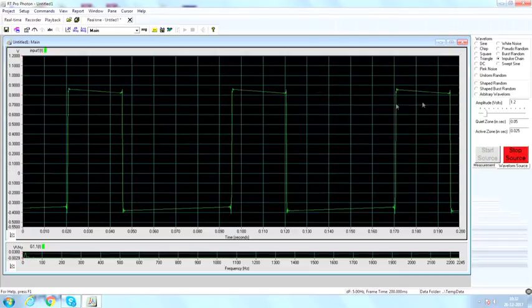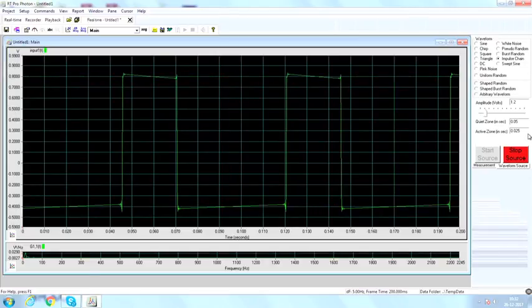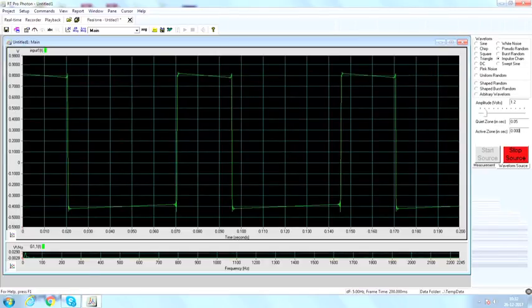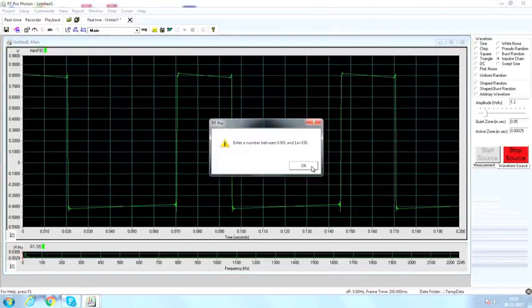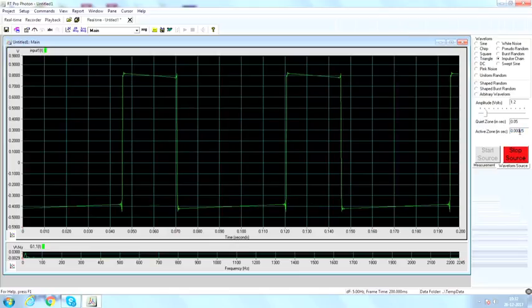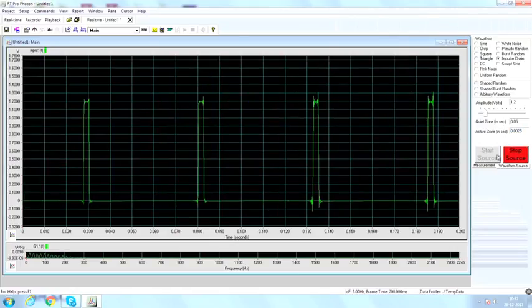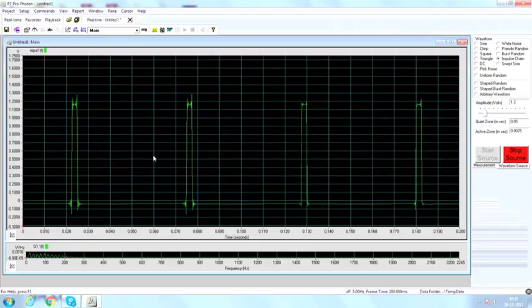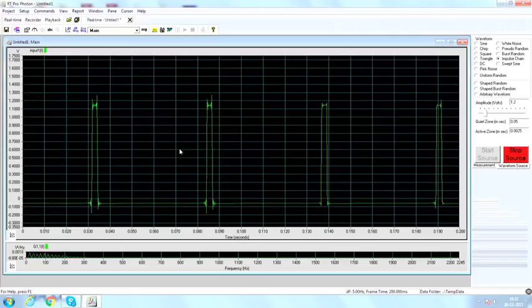So these are all impulses. Okay, I can make the active much smaller. These are all impulse trains which I have generated. Okay, so these are examples of non-stationary signals.